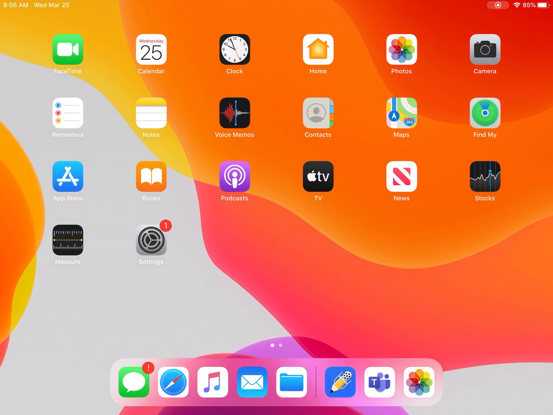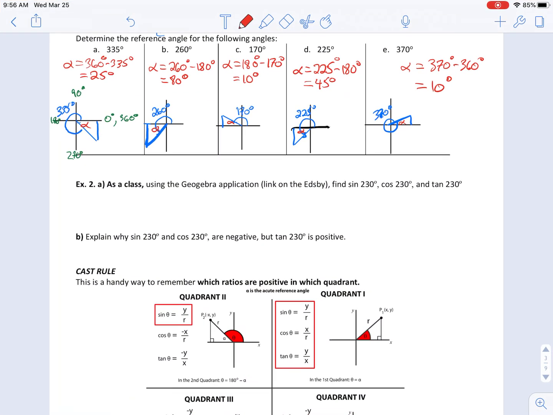We want to answer why is that the case. So it says find that. First, let's just sketch it so we have it there. So if I sketch that, 230 somewhere over here. So that's 230.